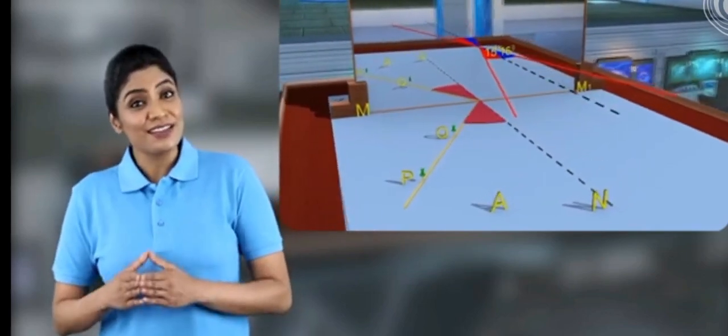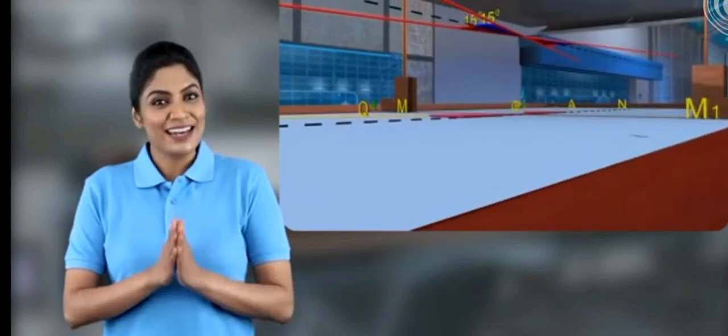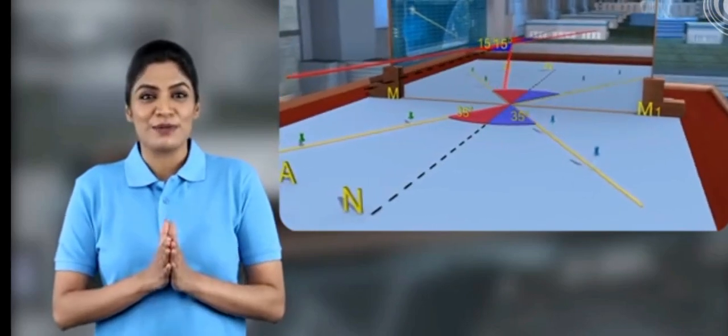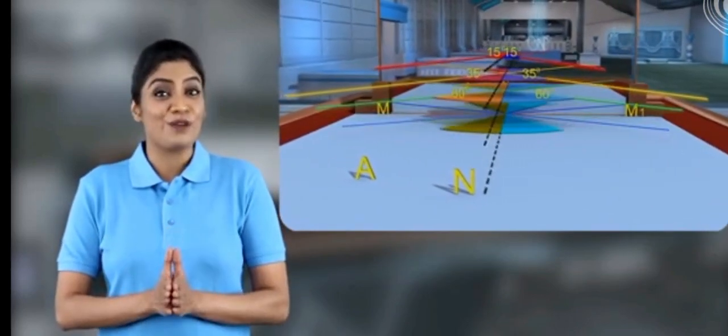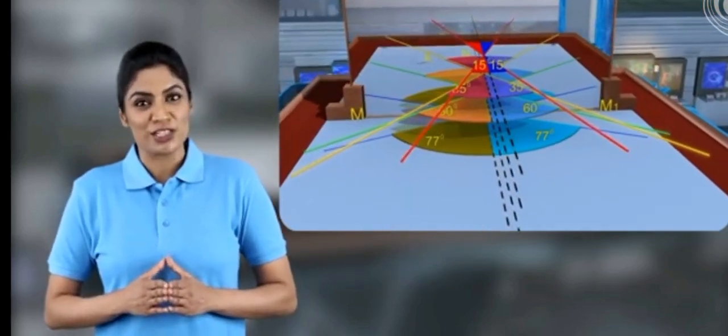On the other side of the normal, place the pins R and S and observe the angle of reflection. Repeat the experiment a few more times and measure the angle of incidence and the angle of reflection each time.